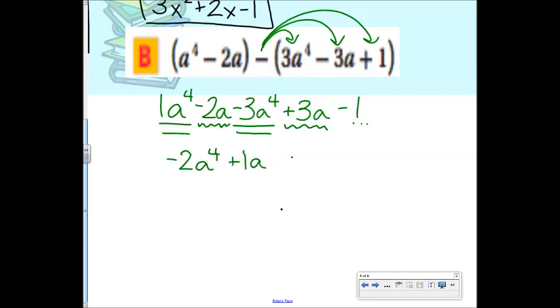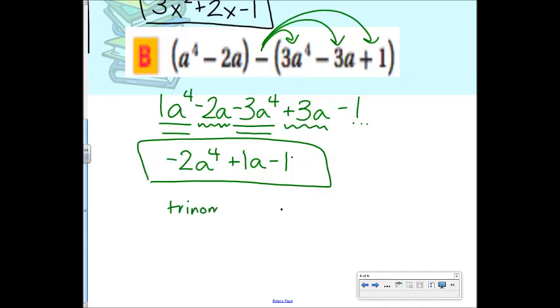Perfect. Okay, so this has how many terms? So it's a trinomial. And it's to the 4th degree, which means it's a quartic. Quartic trinomial. Okay, what's the biggest thing to remember if it's subtraction? Distribute your negative sign. All right, go do these 4 at your boards.